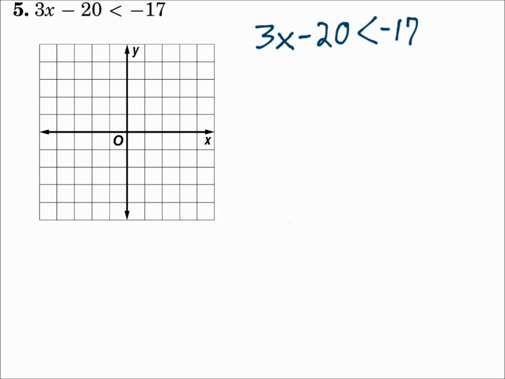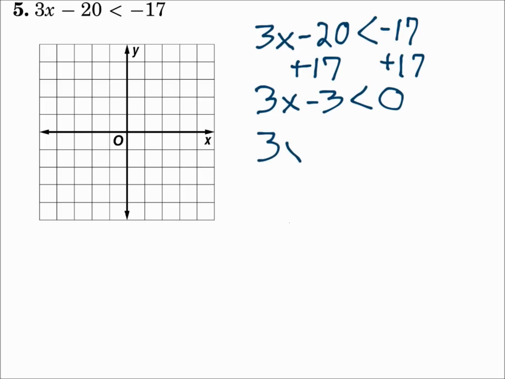Number 5. 3x minus 20 is less than -17. Let's get everything on one side so we can move the 17 to the left. It's a -17, so we'll add it to both sides. -20 plus 17 is -3. -17 plus 17 is 0.